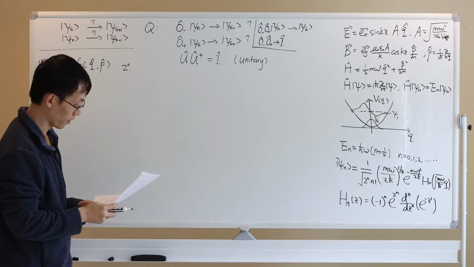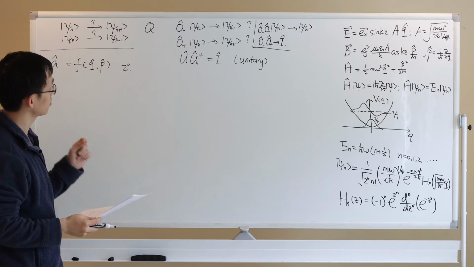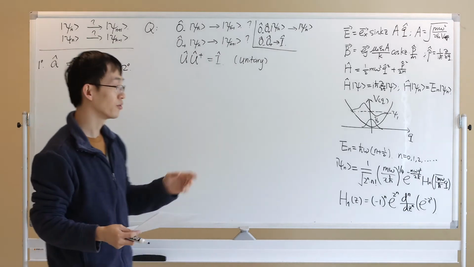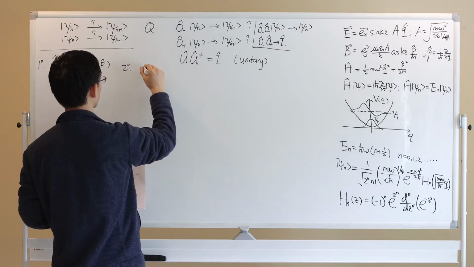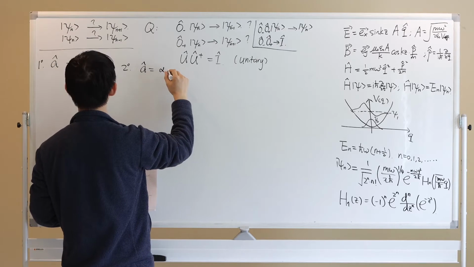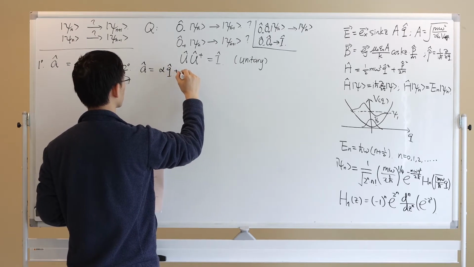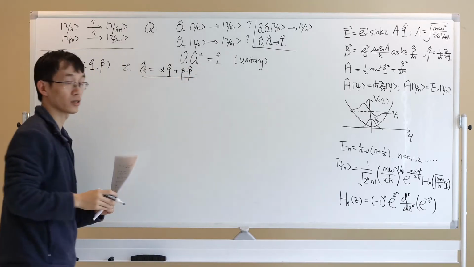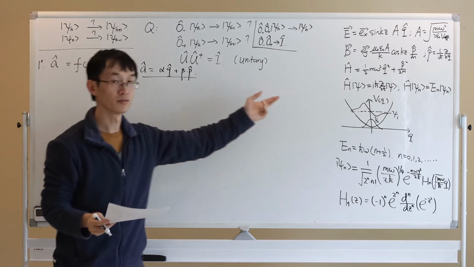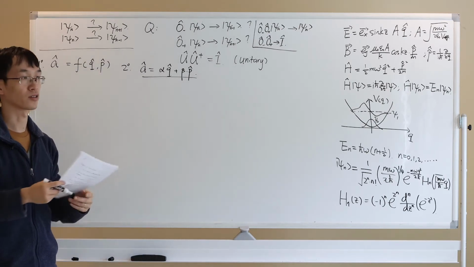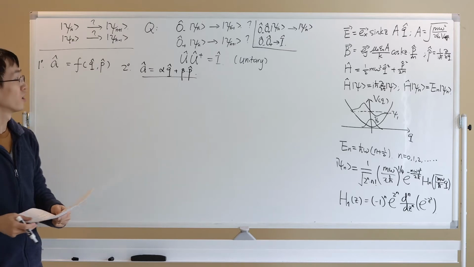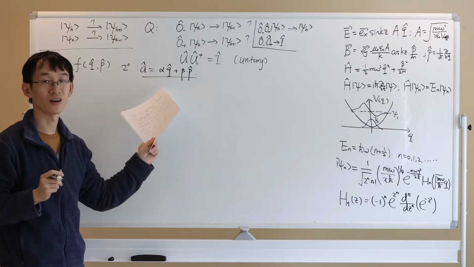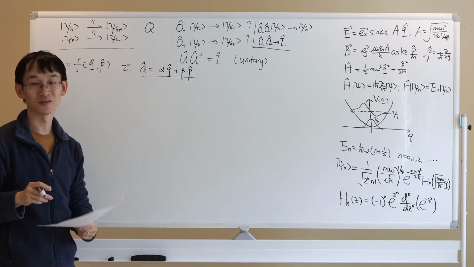The simplest way of constructing an operator from two other operators would be a linear combination of Q and P. Of course, you can have a square root, you can have a square, you can have higher order, but as an initial guess, you must first try the linear combination.